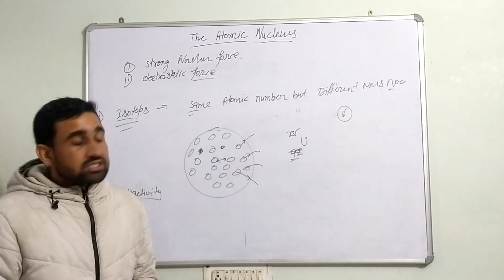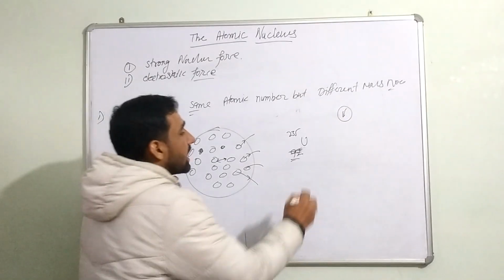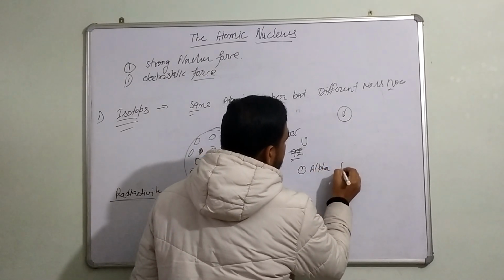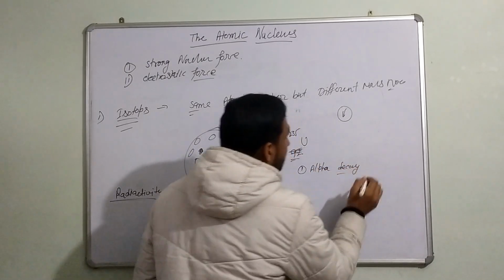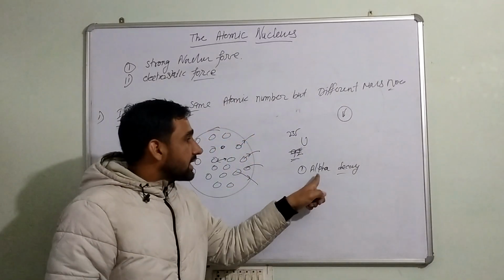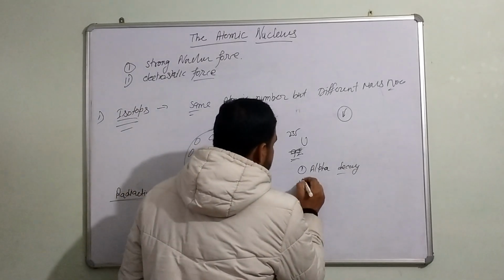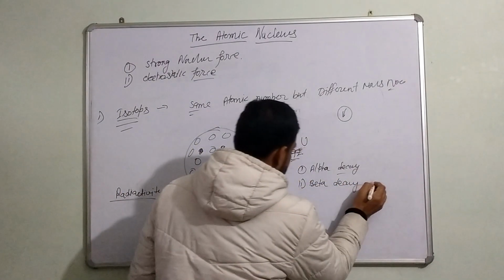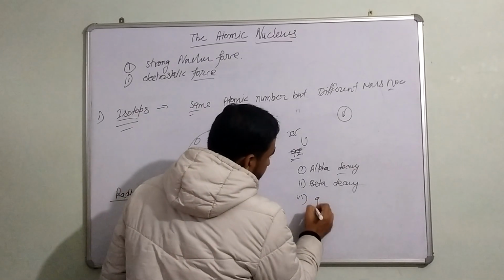There are three types of radioactivity. One is alpha decay: if an alpha particle comes out from the nucleus, then this is alpha decay. Second is beta decay. And third is gamma decay.